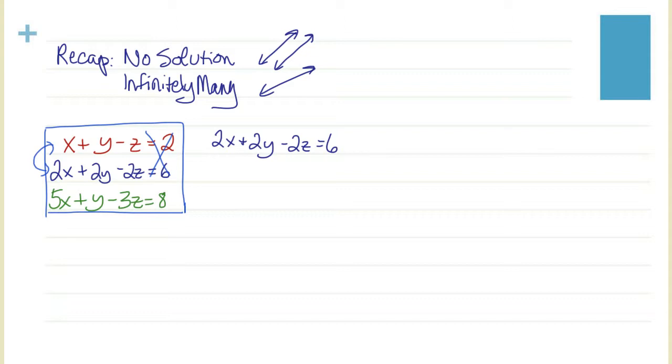If I take the red one and multiply by -2, I'm going to get -2x minus 2y plus 2z equals -4.